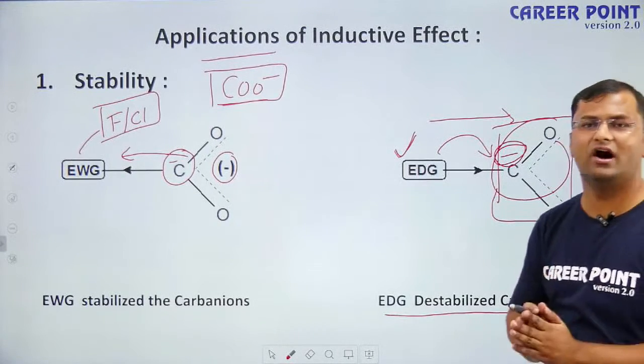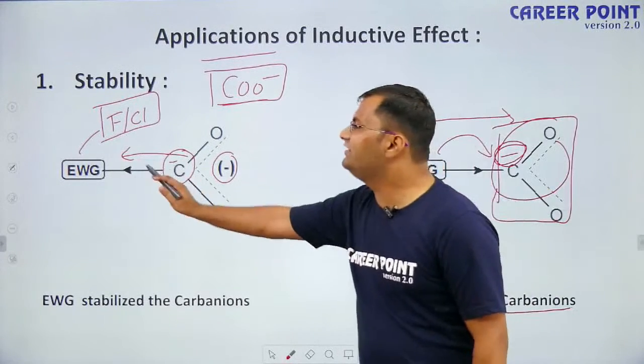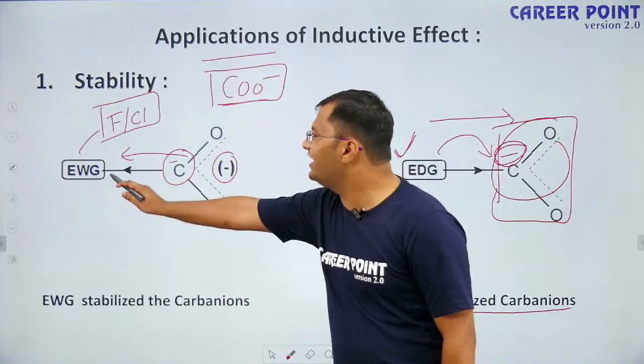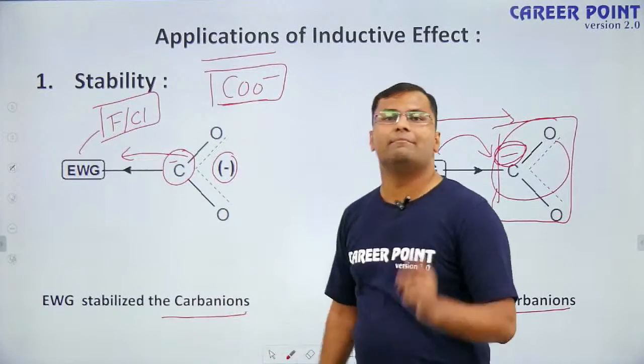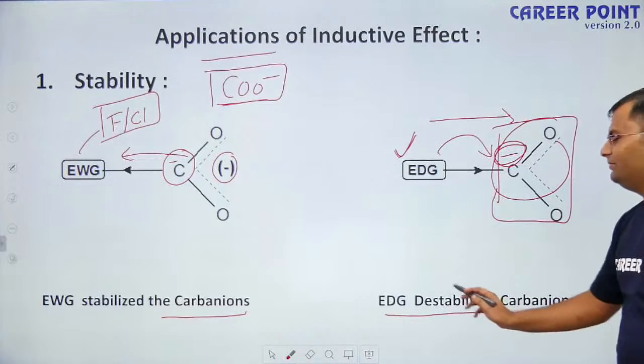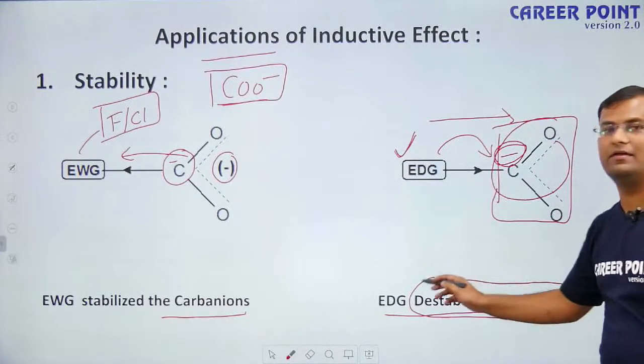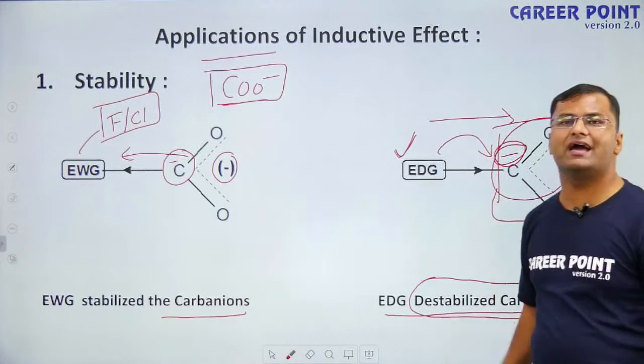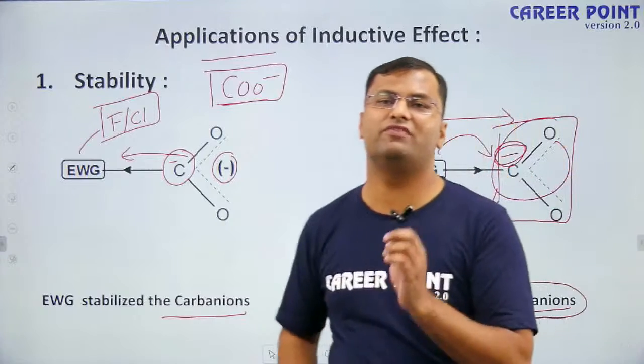Clear? Now, we can say that any electron withdrawing group stabilizes the carbanion, but an electron donating group destabilizes the carbanion. This is the stability order you have to find out.